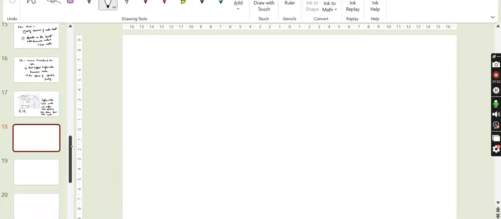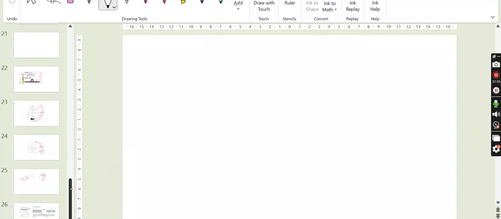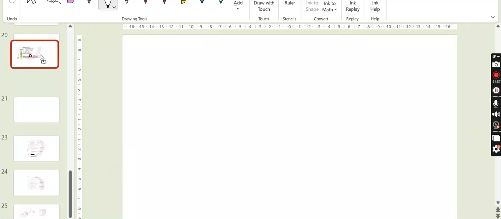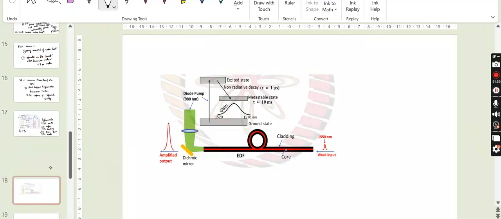Now we'll discuss the fiber amplifier. As I have mentioned, a fiber amplifier will not have the cavity, otherwise it is almost the same as the fiber laser.